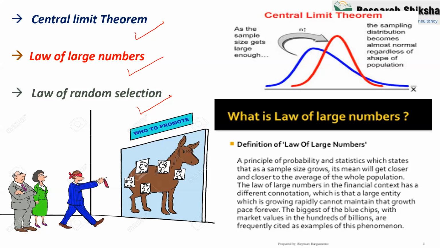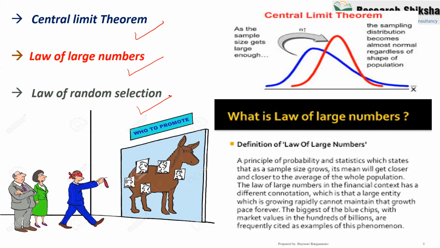So you are getting better results with a large population, a large sample, and you are getting variation or inaccurate results when the sample size is less. And there is a third law.